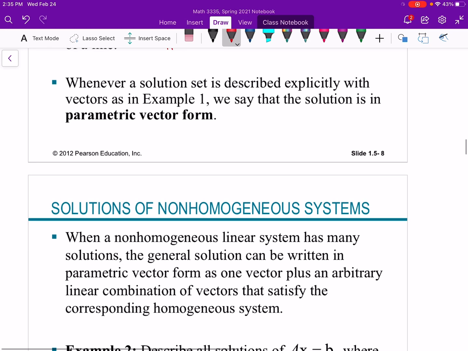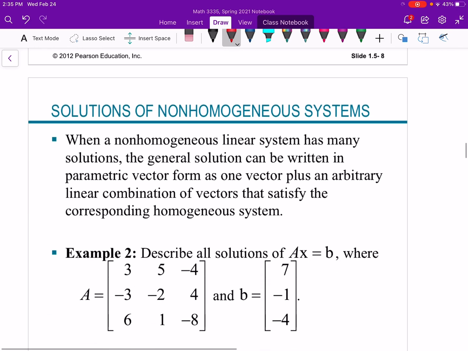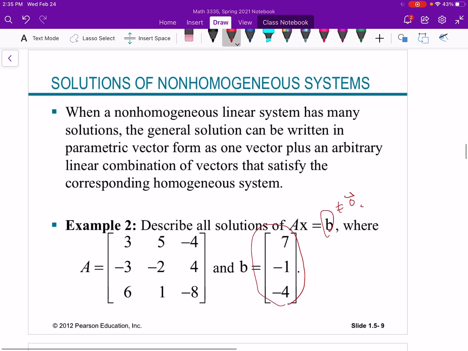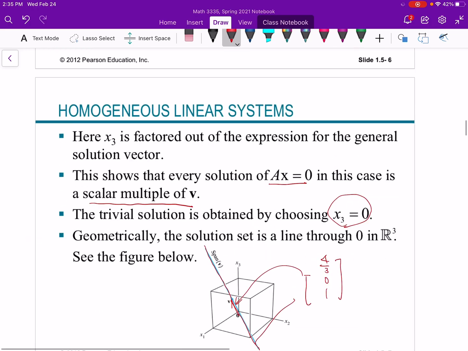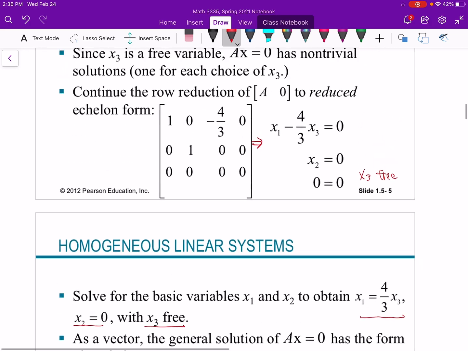So now we're going to come to the solution of a non-homogeneous system. What is a non-homogeneous system? It means the right-hand side is not 0, so the b right here is not a zero vector. Therefore, it's called a non-homogeneous system. We have the same matrix as the previous one.